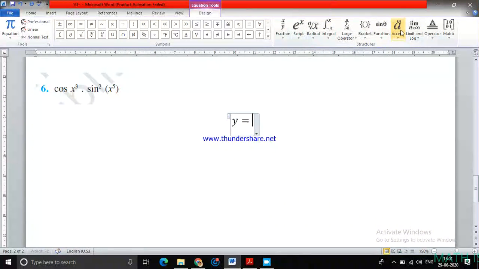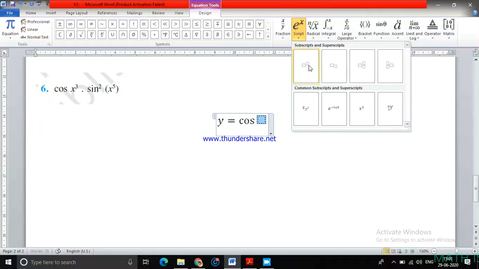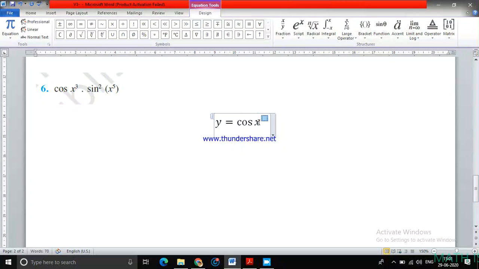Let me type y equals cos x cube multiplied by sin square x to the power 5. You can write sin square x to the power 5 as (sin x power 5) whole square. So let me put it that way.